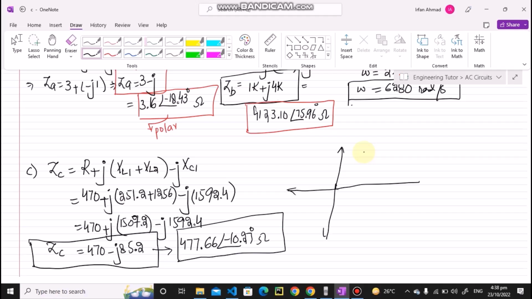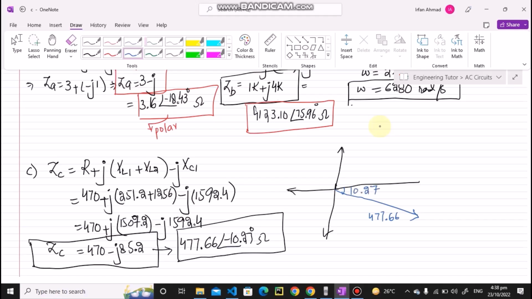My drawing is not that good, so plotting it here, I will see that the angle it will make will be clockwise. So the values here will be 477.66 and the negative 10.27.